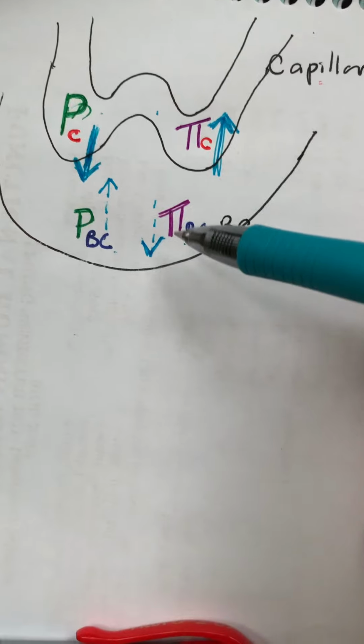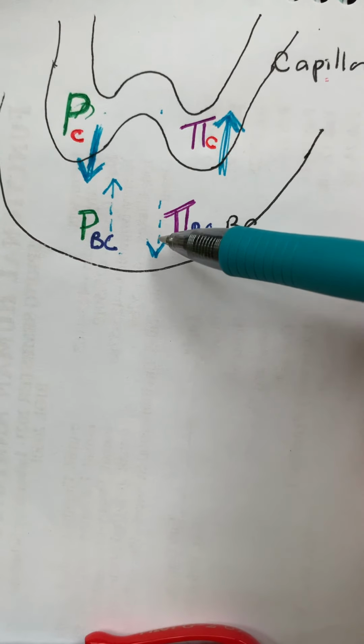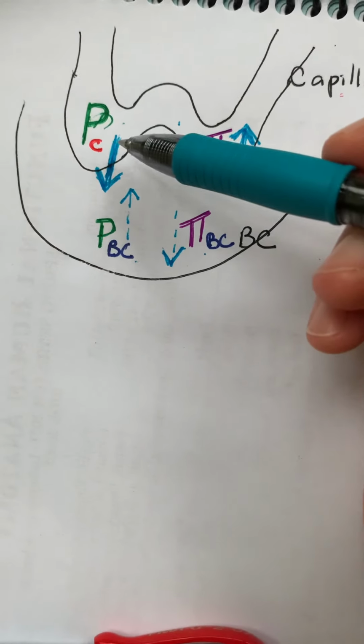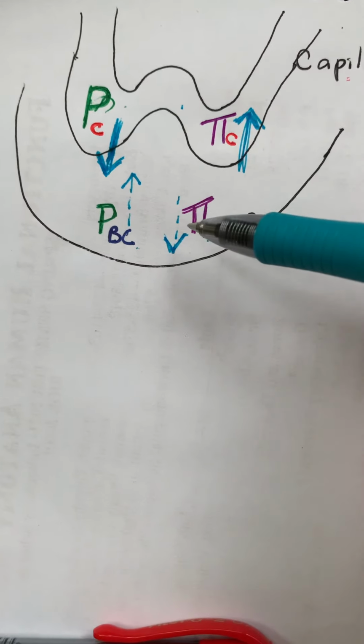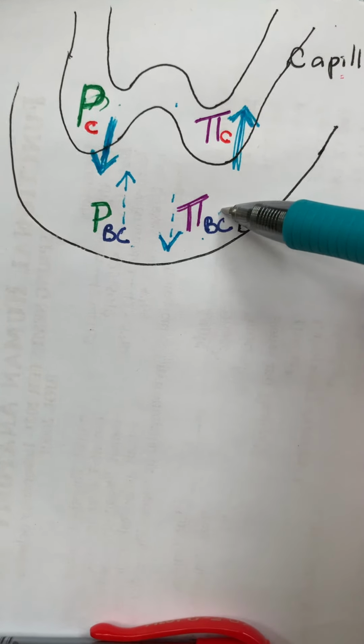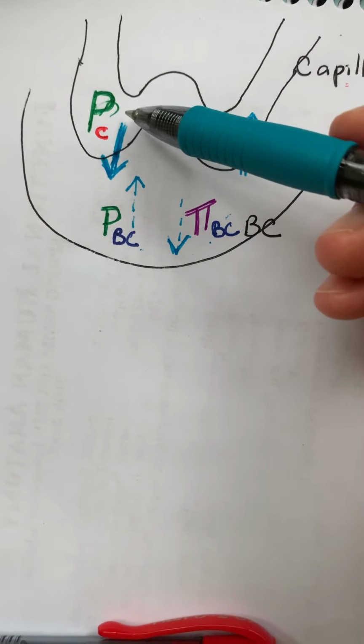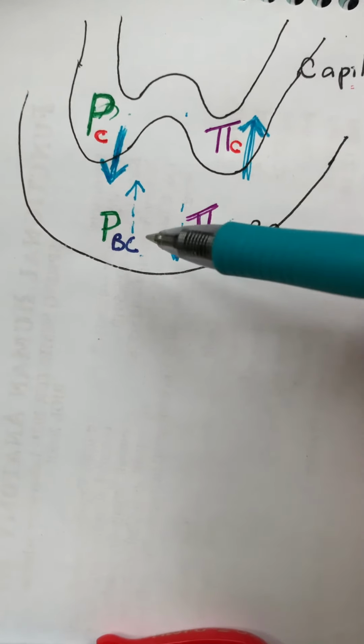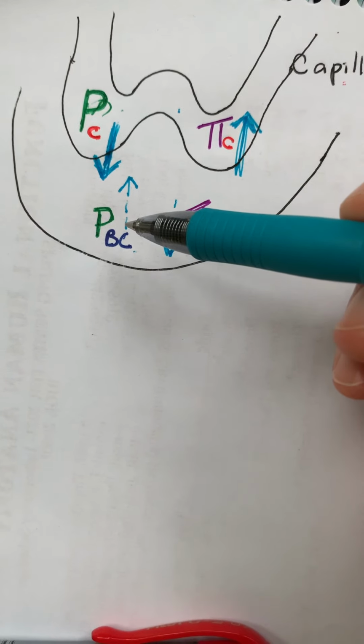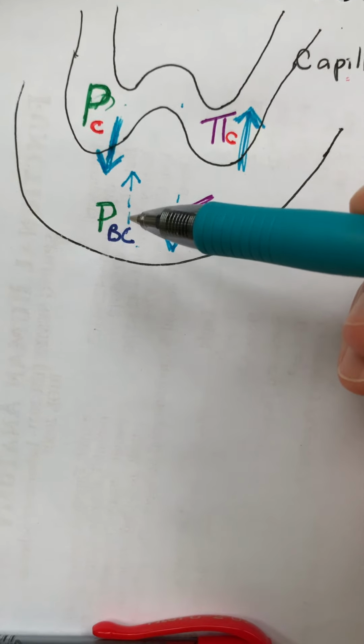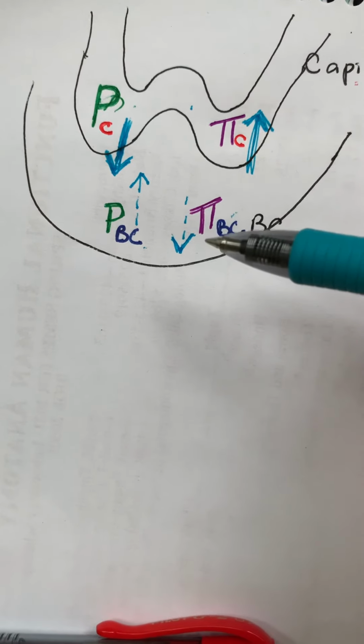Okay, so if we want to pull things towards these solutes that are determining our osmotic pressure of the Bowman's capsule, we're going to see them helping filtration because those arrows are going the same way. So this guy would help filtration, and then of course that one is going to drive filtration. This one, the hydrostatic pressure of the Bowman's capsule, is going to oppose filtration, because notice he's going the opposite way.